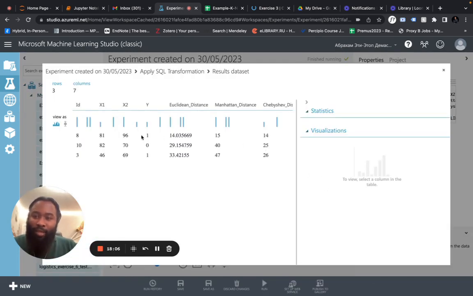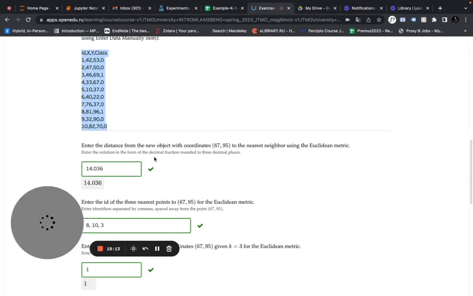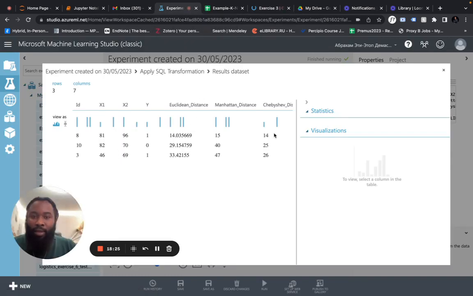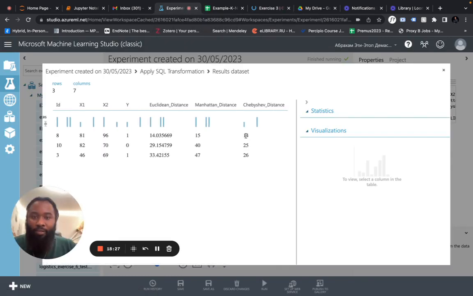Wow, as you can see, let's look at the question again. Enter the distance from the new object with coordinates 67, 95 to the nearest neighbor using Euclidean distance. So the nearest neighbor is 14, right?